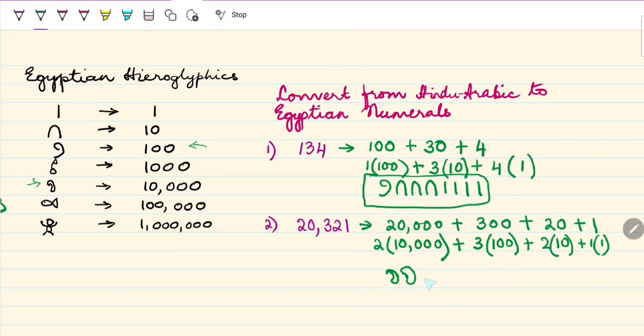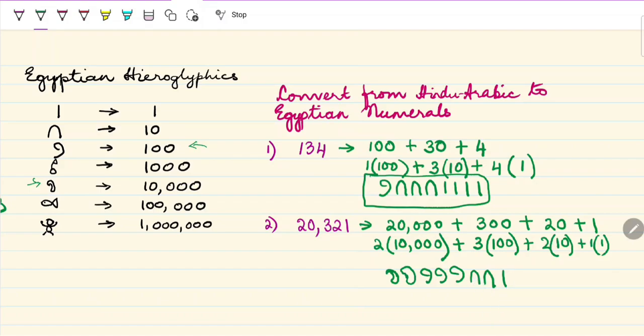Scroll is what they call it. So we need 3 of those. So 1, 2, 3. And then we need 2 10s, which means 2 arches. This figure here. 2 arches. And then finally we need 1 staff. 1 vertical line. 1. All right.